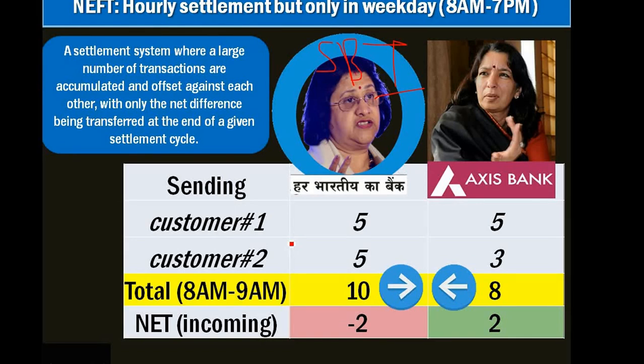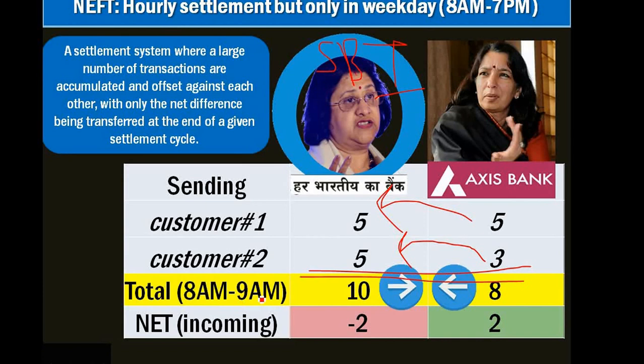So he deposits 5 lakh at his own bank. Similarly, a customer comes into Axis Bank and wants to transfer 5 lakh rupees to a client who has an account in SBI. And again, customer 2 in Axis Bank comes to transfer money to his father who has an account in SBI.